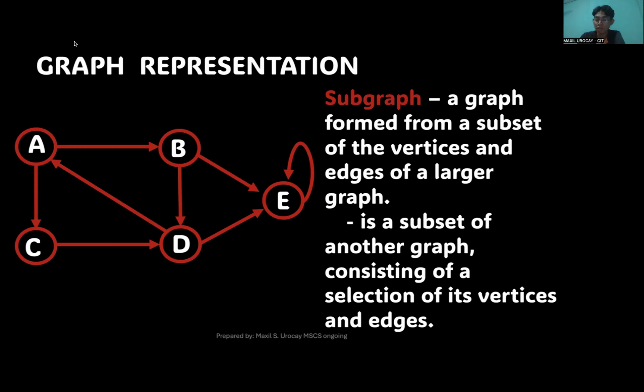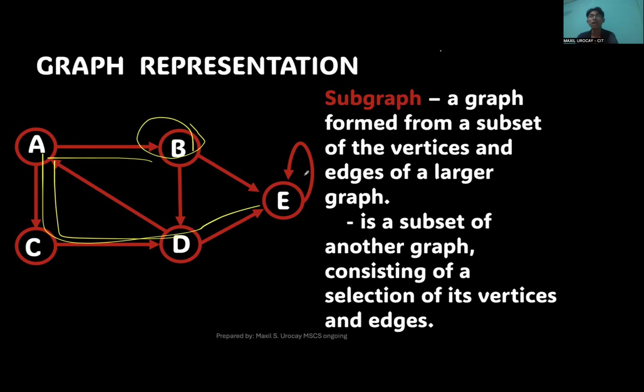Just to remind everybody, in our graph even a single vertex can be treated as a subgraph. So B alone is a subgraph already. A to B can be a subgraph. ACD, a subgraph. ACDE, that is a subgraph as long as they are considered as another graph.